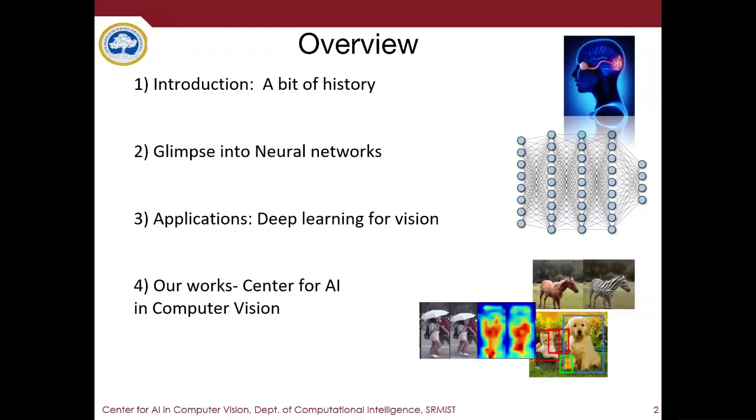I will also give a glimpse of our Center for AI in Computer Vision here in SRM, hosted in UBH12. You can visit and collaborate with us. We will give a glimpse of the different kinds of projects that we are hosting over here.